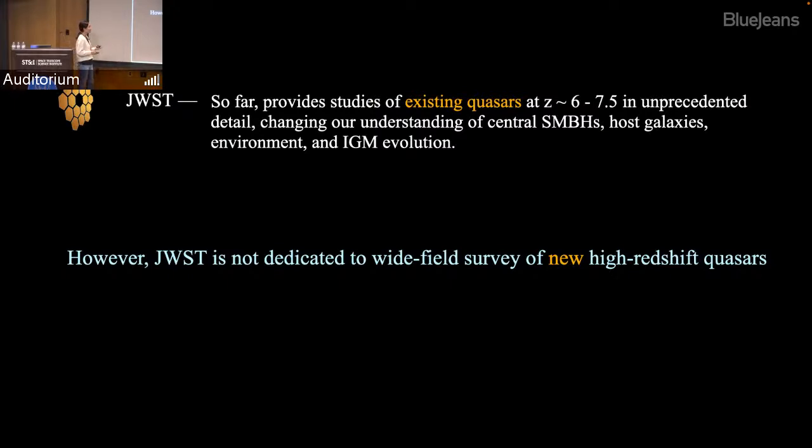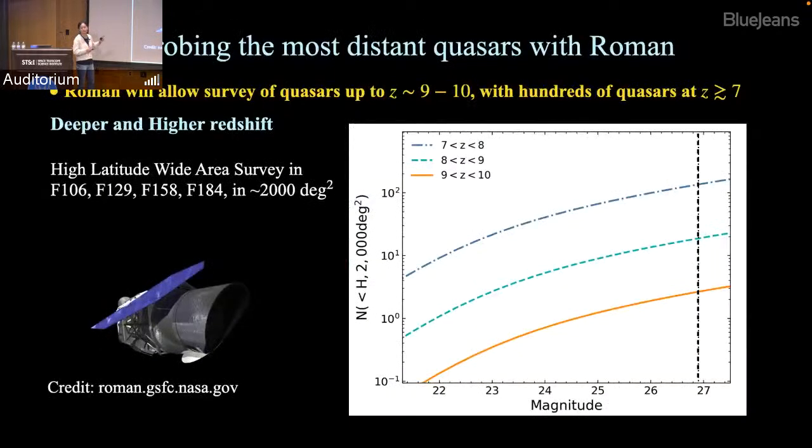However, I need to mention that JWST is not designed for a wide field survey of these new quasars. That is why we want next generation survey facilities, for example, Roman. So with Roman, how can we probe these most distant quasars and study the early universe?